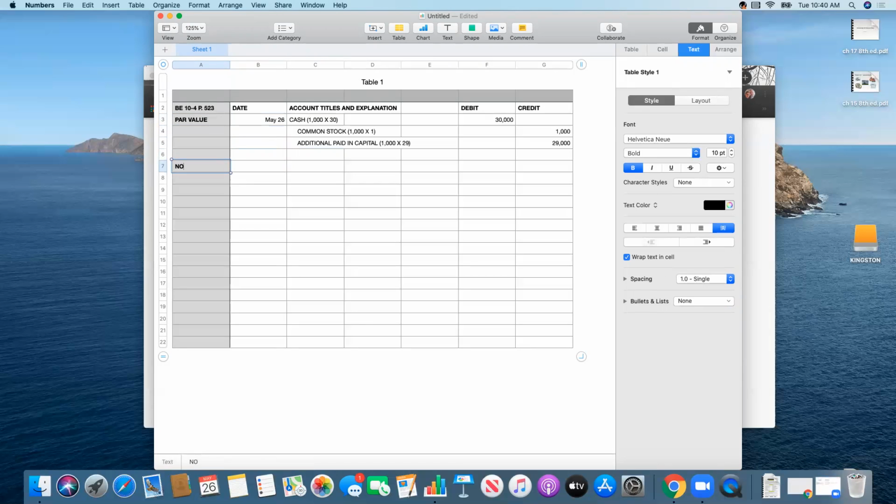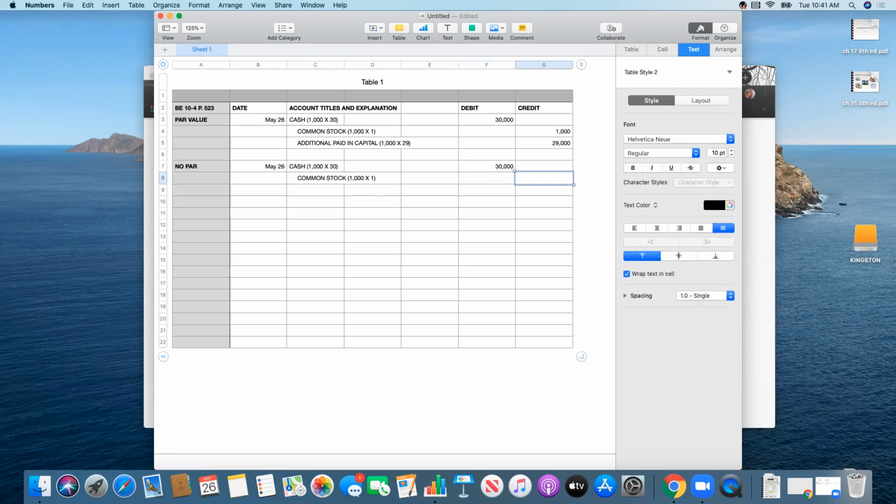What if we had no par stock? That's the accounting 1 stock, right? So May 26, you would do what? We debit cash, 30,000, same as before. And credit common stock, 30.